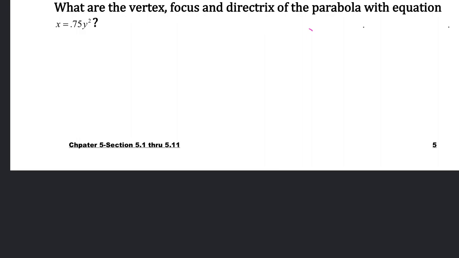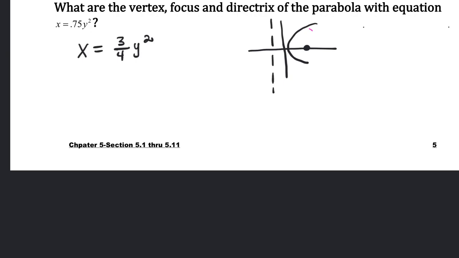What are the vertex, the focus, and the directrix of a parabola with the equation x equals 0.75 y squared? So what I'm going to say is x is equal to 3/4 y squared. We know that the parabola is going to open to the right. I know the focus is here, and the directrix is right here.